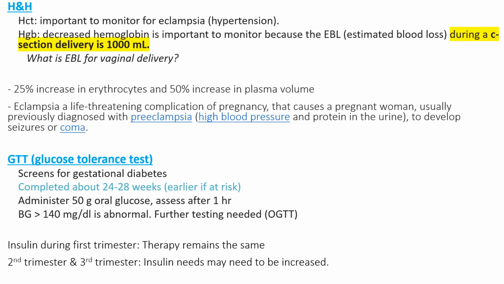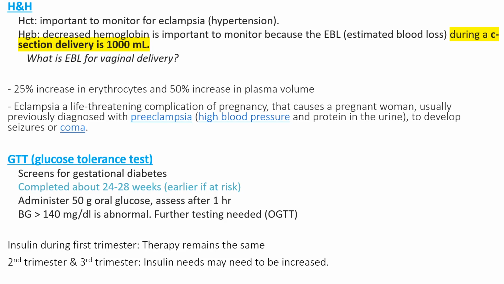So yeah, pretty cool. GTT, the glucose tolerance test. We're going to be screening here for gestational diabetes. It's really cool how history goes with this test. Back in the day, they would send them across the street, say, hey, order some pancakes and come back and let's test your levels. Now it's a lot different.